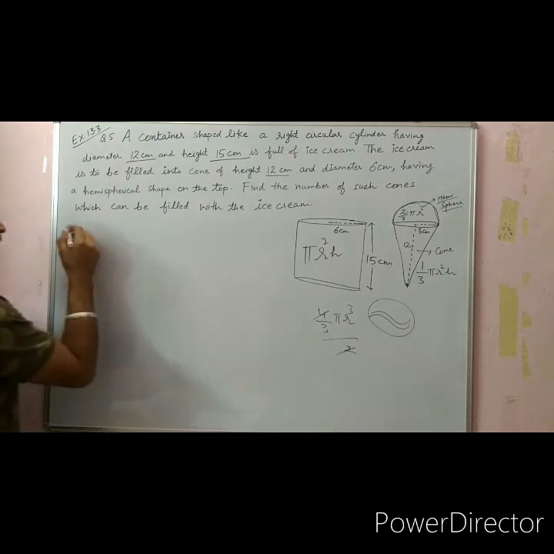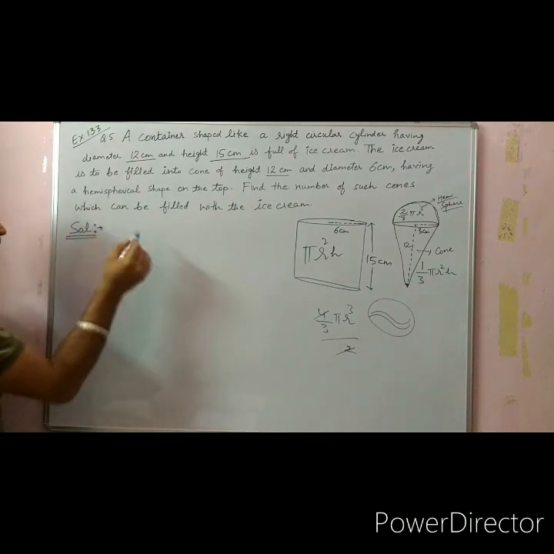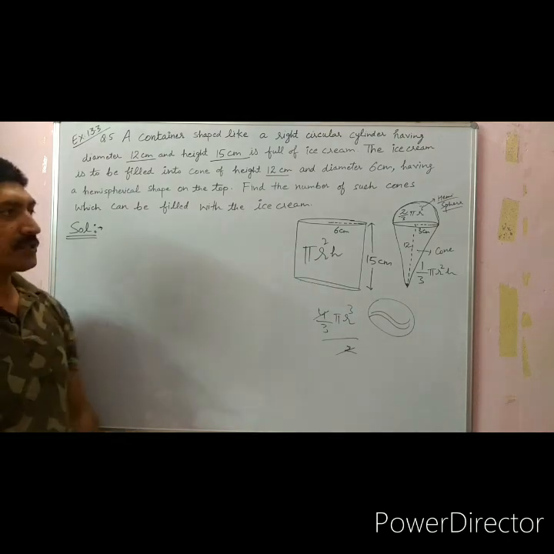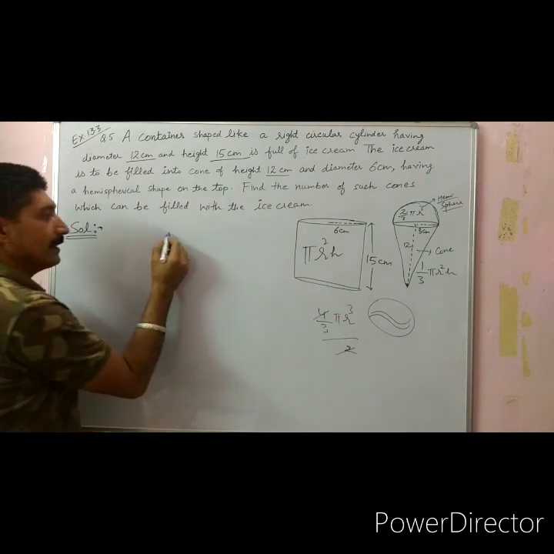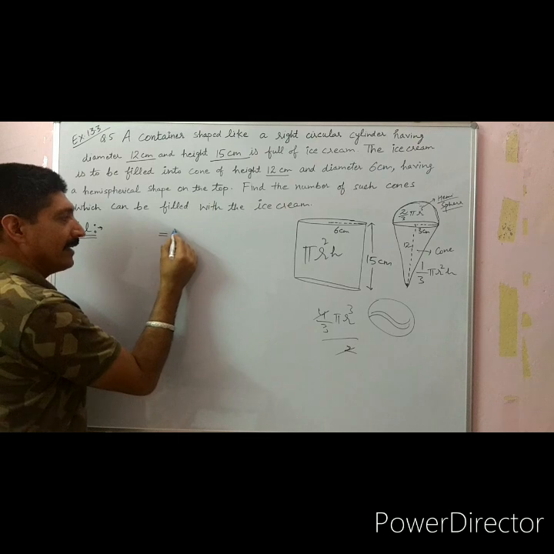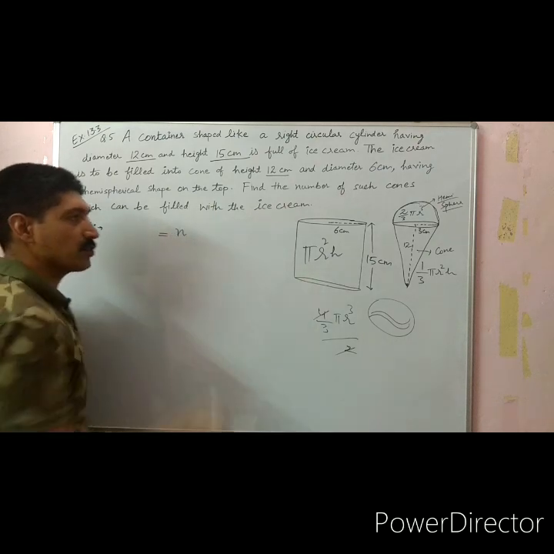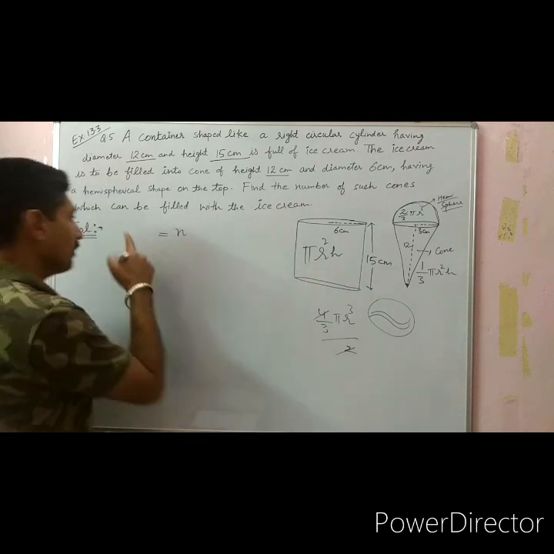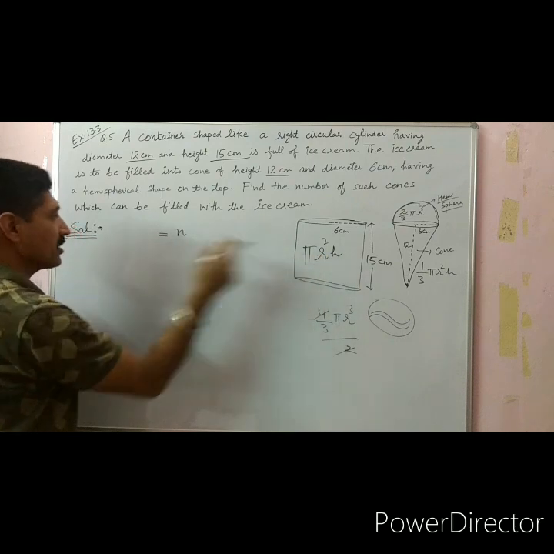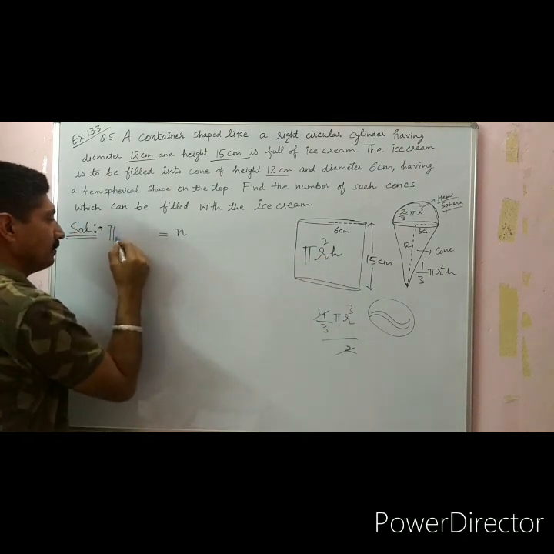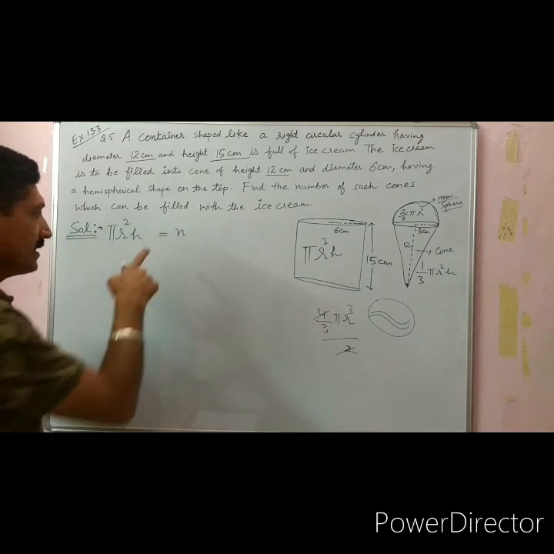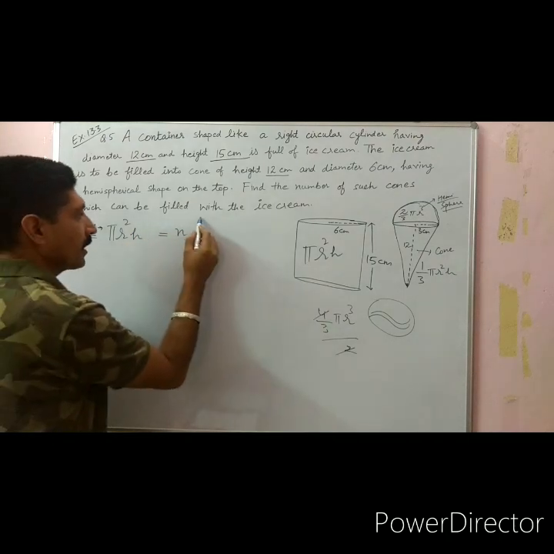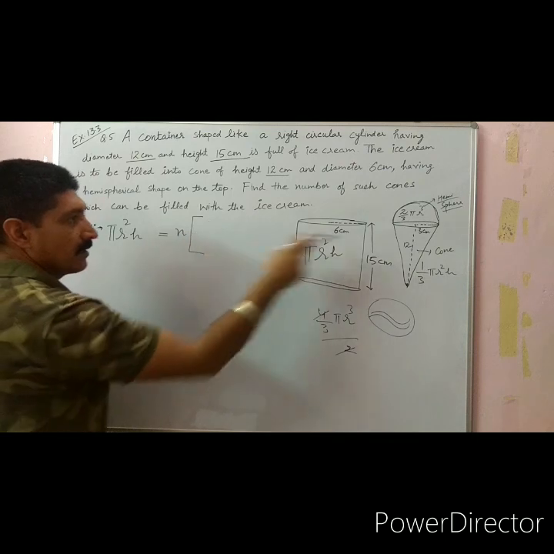So here we will compare both volumes. Let n be the number of such cones required. So the volume here, pi r square h, is equal to n times this volume.